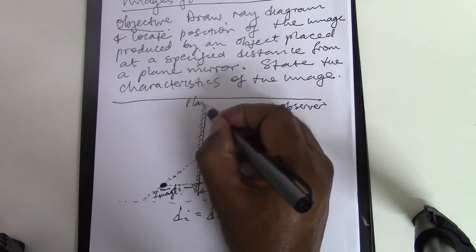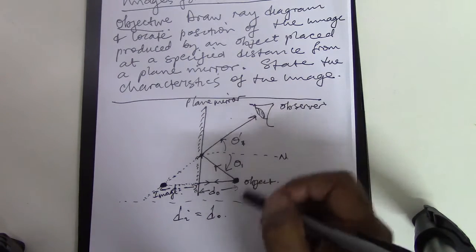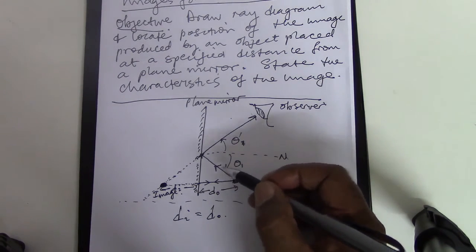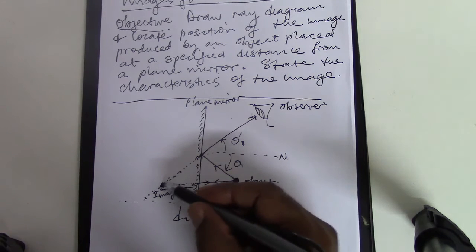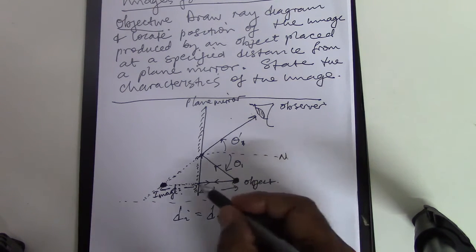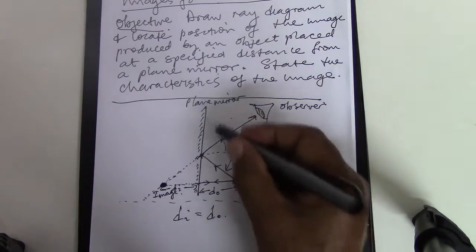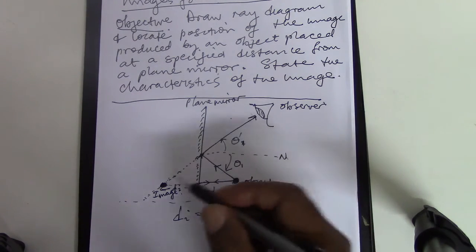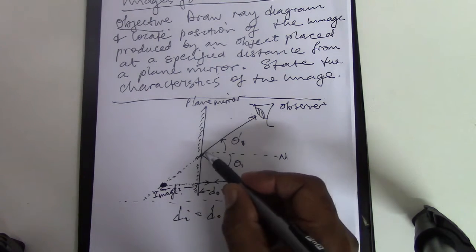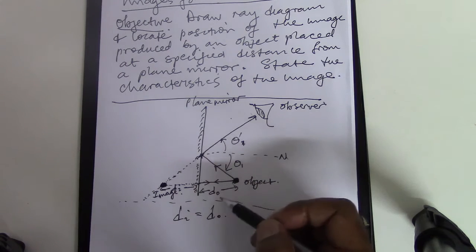This is our plane mirror, and this is the ray tracing that happens in a plane mirror, so that we can locate our image from an object placed at a specific distance from the mirror. We locate the image using the extended rays behind the mirror.